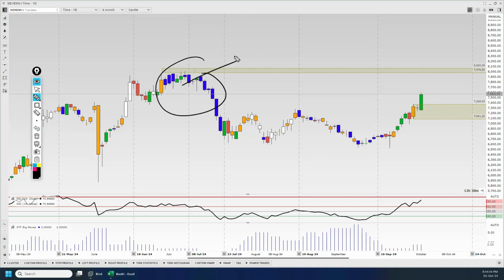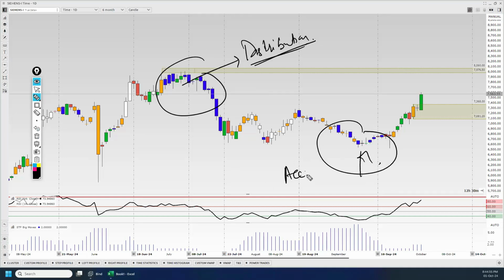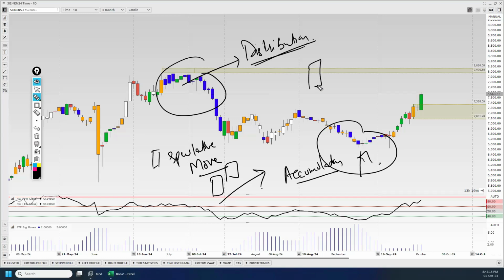This is nothing but distribution, guys. If strength candles are on the upper side, this is called distribution. If the strength candles are on the lower side, it is called accumulation. Simple. I think now everybody will understand. Okay, I'll make it very simple. When action candles are there, it's a speculative move. It is called a speculative move. That's why if it is happening at the bottom, then it's a fake move. If it is happening at the top, it is a good move.